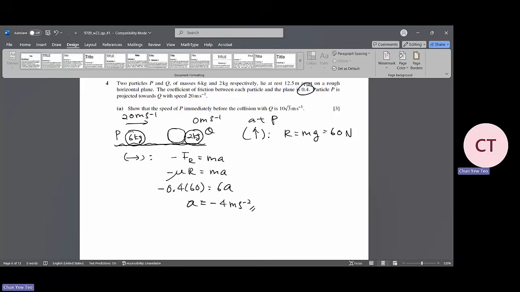Now, after we have this, we use v² = u² + 2as. So v² is equal to 20² plus 2as. The distance from here to here, they mentioned, is 12.5 meter.